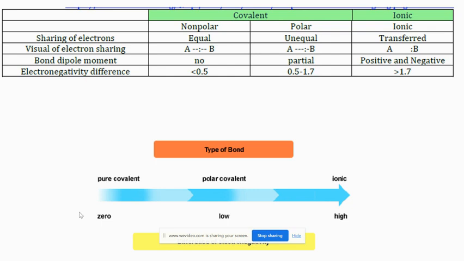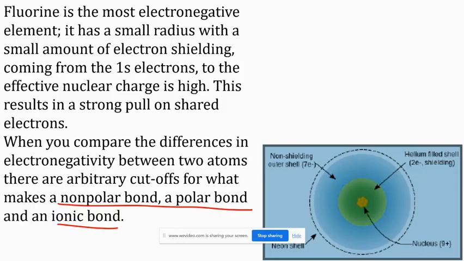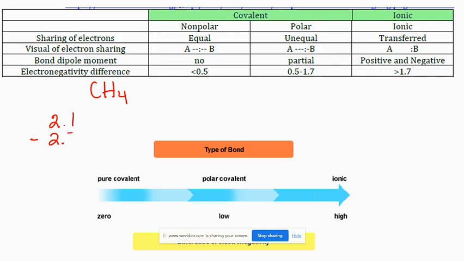So for example, if you had CH4, your electronegativity difference would be 2.1 for your hydrogen minus, for carbon, 2.5. So that would be a 0.4 difference. That's going to be a non-polar bond then.